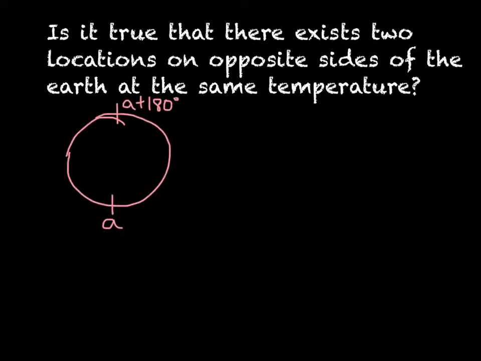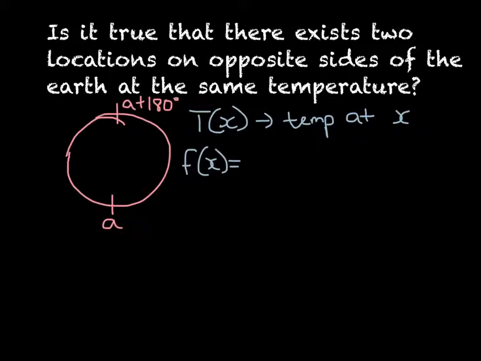Then the point opposite that we'll say is A plus 180 degrees. So we're going to say that T of x is the temperature at point x, and the function that we're interested in, f of x, is equal to the difference in temperature between point x and the point directly opposite it. Now, let's plug in A into this equation and see what happens.